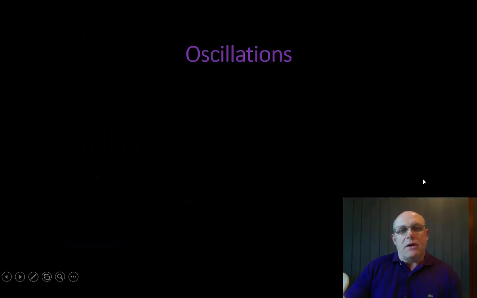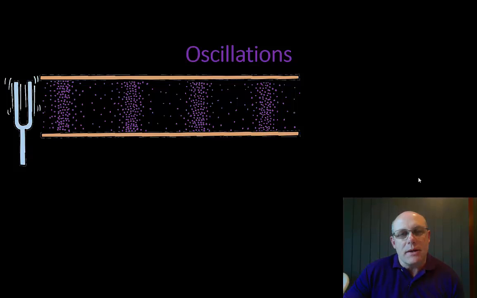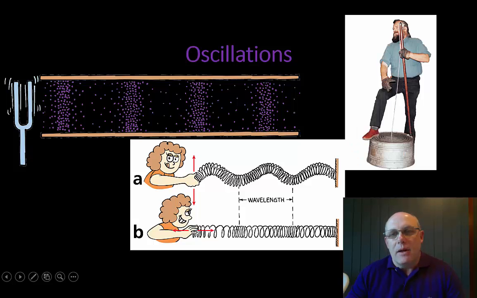Right, so oscillations. Oscillations can be caused by a number of different things. We'll definitely play around with some tuning forks. They send out a compression wave or a longitudinal wave. If you play with a slinky, you can generate different types of waves, so you'll get a chance to do that.